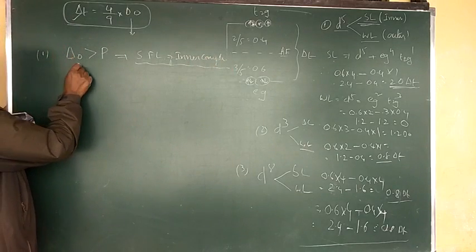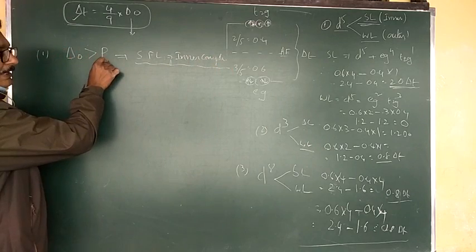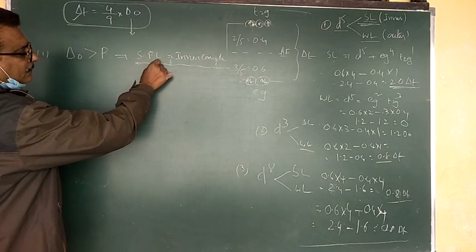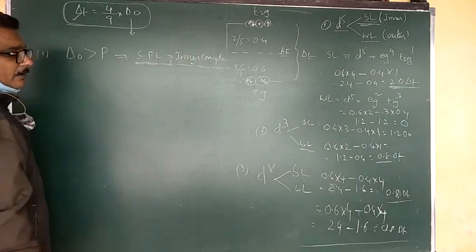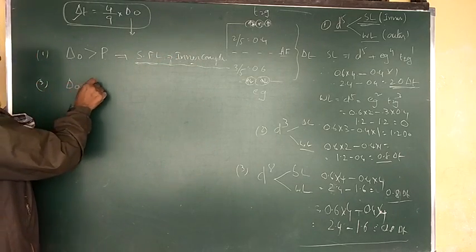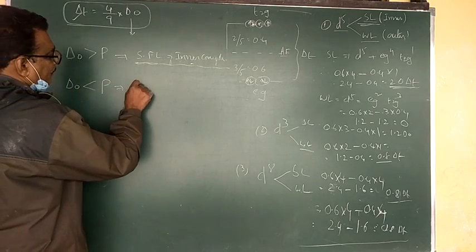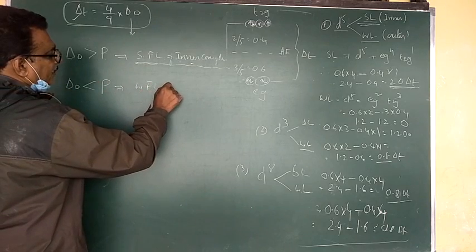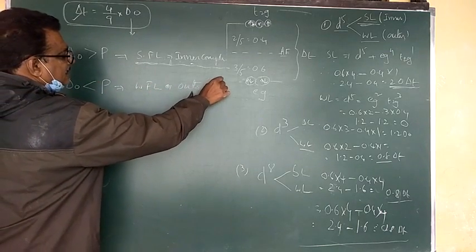So if in an octahedral complex compound the crystal field splitting energy is greater than the pairing energy, then it is called a strong field ligand. Every strong field ligand gives an inner orbital complex compound. Case number 2: delta 0 less than the pairing energy means weak field ligand. The other one is called an outer orbital complex.